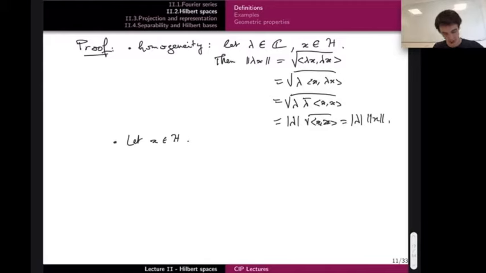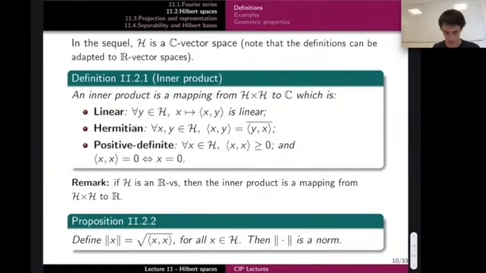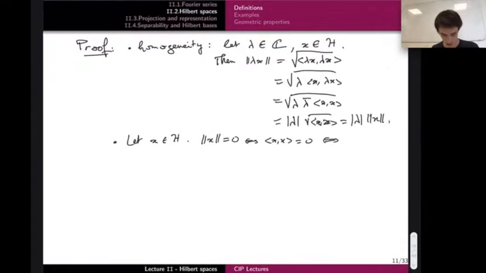So we see that the norm of x is equal to 0 if and only if the inner product of x against itself is equal to 0, which, according to the positive definiteness, is equivalent to saying that x is equal to 0. So this mapping is separating.